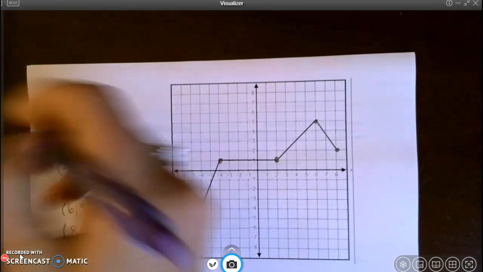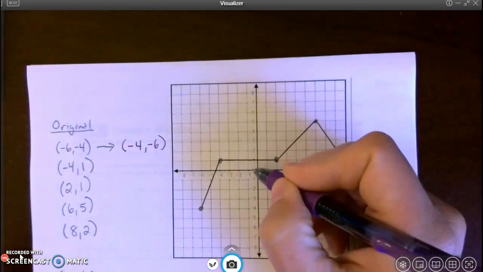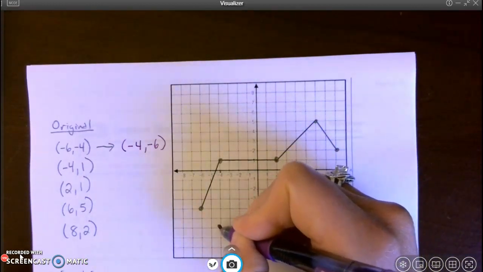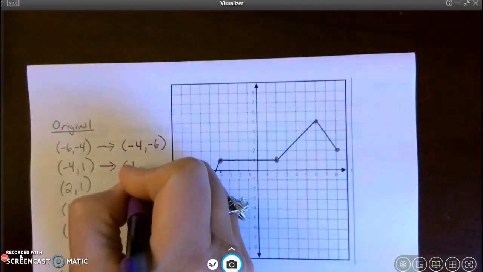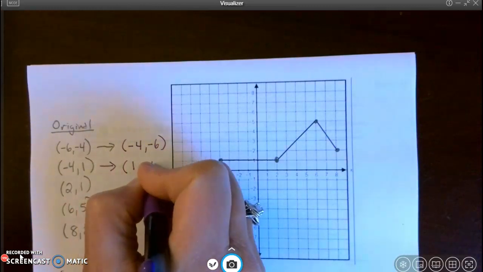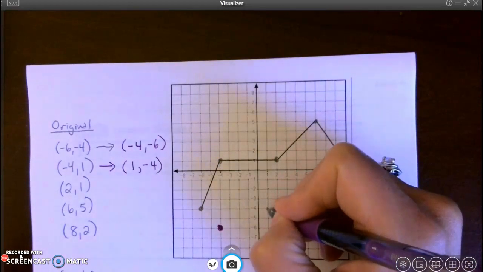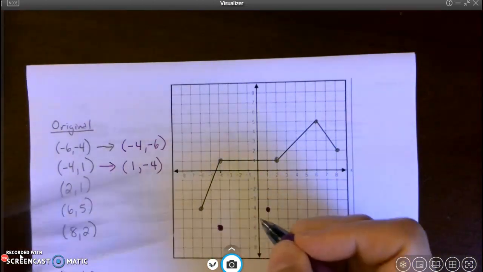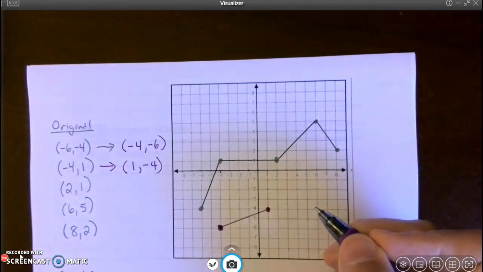So the inverse here would be -4, -6. The inverse here would be 1, -4. And I want to connect as I go. I'm going to go ahead and use a ruler. I'm just not real great at drawing straight lines freehand.